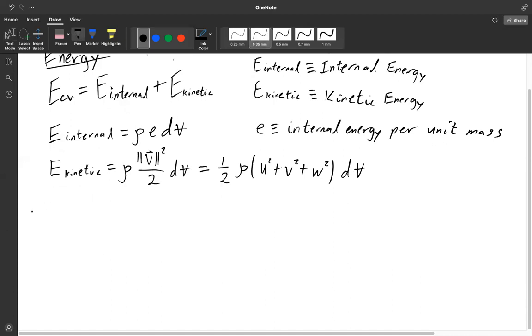So our E internal plus E kinetic will equal rho times e plus V squared over 2 dV.